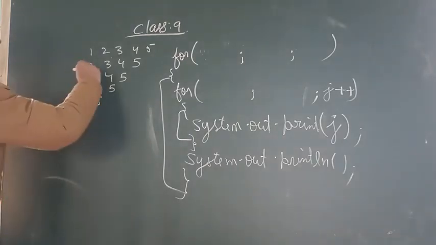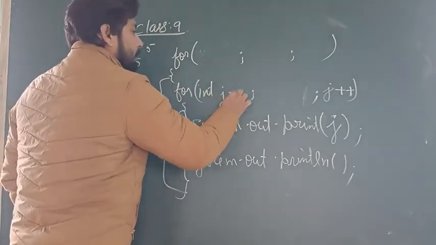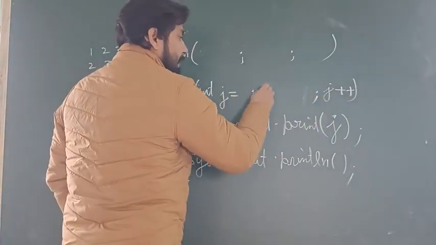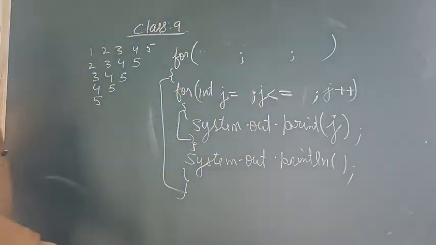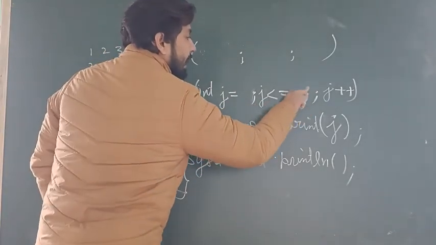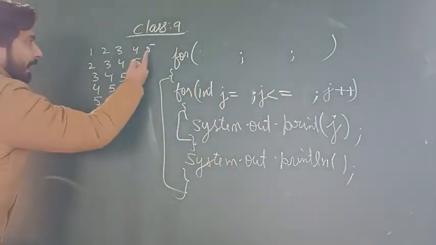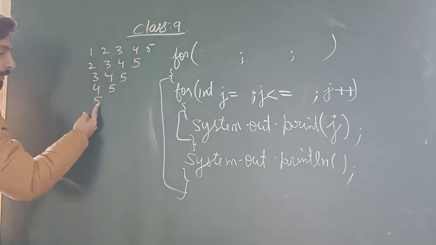So just see now, int j equals to, then j plus plus, so j is less than or equals to. Now j is less than or equals to the last value that each line has. So each line has the last value. See, 5 5 5 5 5.